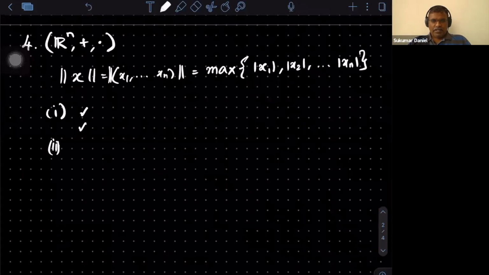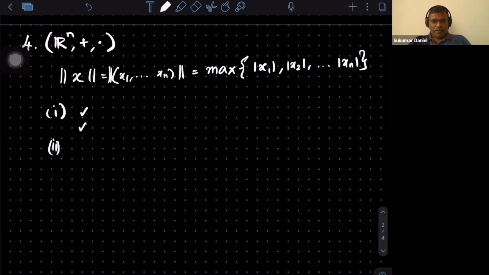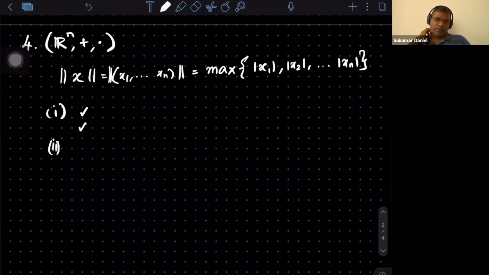In this case, the property that we are using is that if I take the maximum of alpha times a non-negative number, alpha x1 and alpha x2, it is the same as alpha times the maximum of x1 comma x2, assuming x1 etc. are positive. So maximum of alpha times x1 and x2 is the same as alpha times the maximum of x1, x2. So just identify what property you are using. That gives you this. Good.